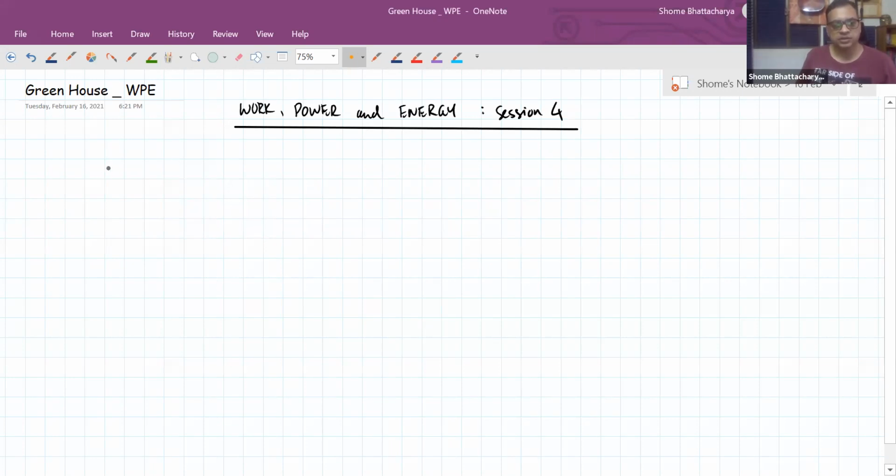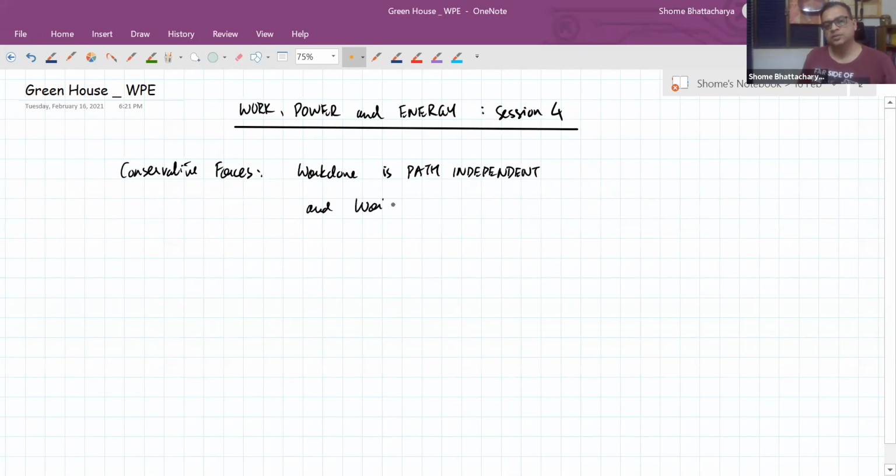So we discussed conservative and non-conservative forces, first of all. We saw that conservative forces are the ones for which work done is path independent, and work done in a round trip is zero.